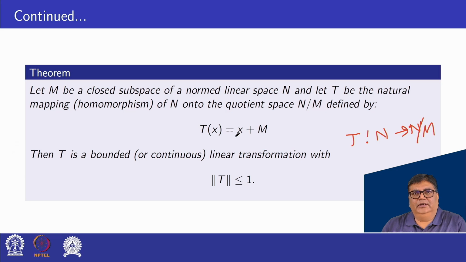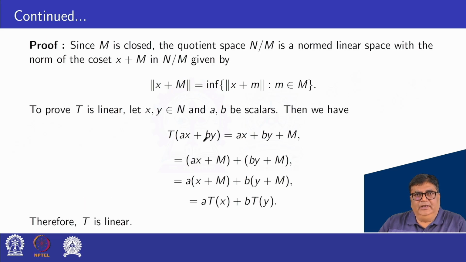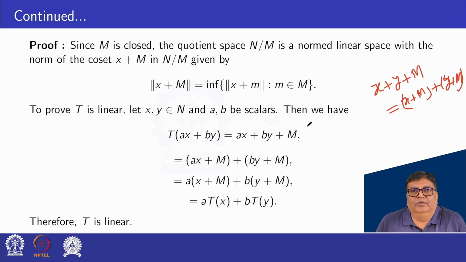Here Tx is equal to x plus M, and here ax plus by is a vector, so T(ax plus by) is equal to ax plus by plus M. And as per the definition of quotient, we can write ax plus M plus by plus M, because we know that x plus y plus M equals x plus M plus y plus M.